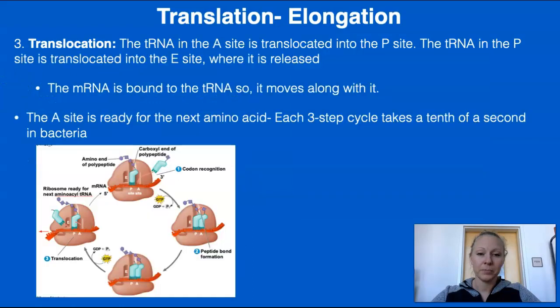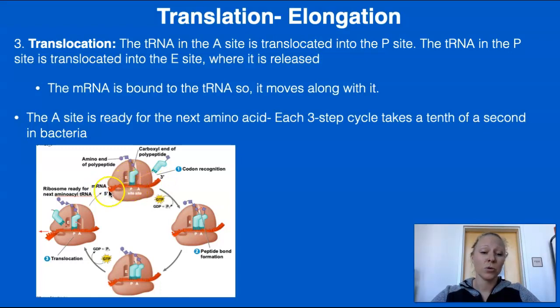Our third step is when it is translocated, or translocation. So whatever's in the P site is going to be translocated to the E site. And whatever's in the E site is going to be translocated out. And whatever's in the A site is going to be translocated to the P site. So remember that the tRNA is hydrogen bonded to the mRNA strand, so it's going to be moving along with it.